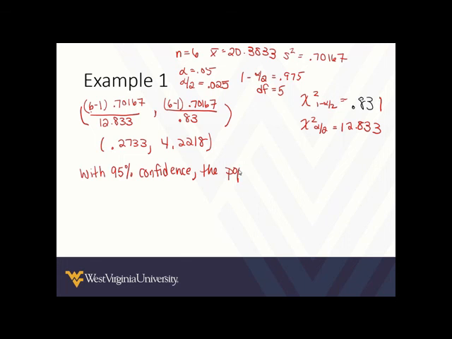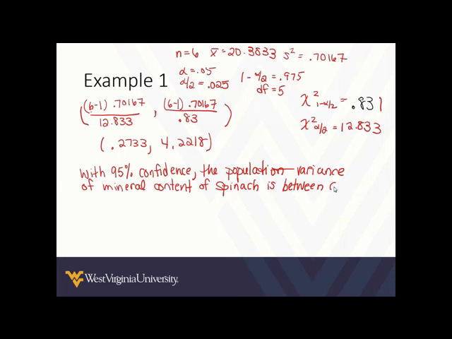the population variance of mineral content is between 0.2733 and 4.2218.